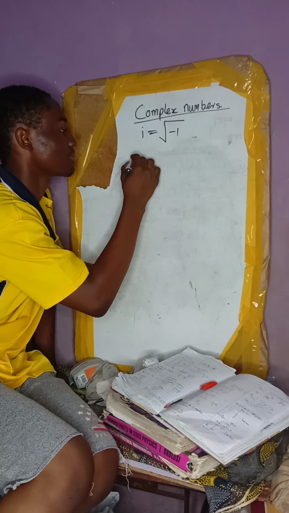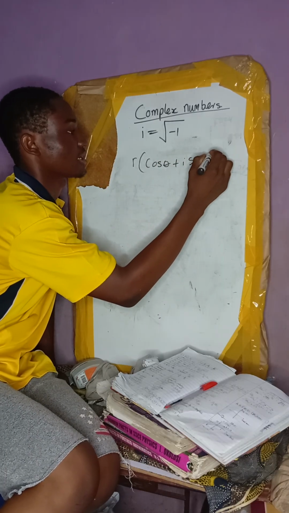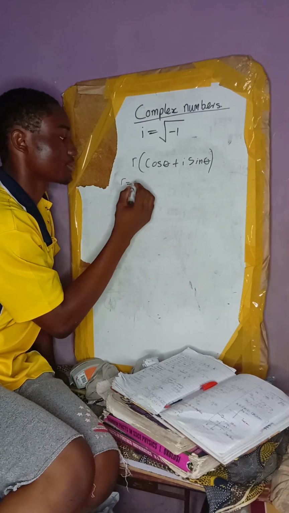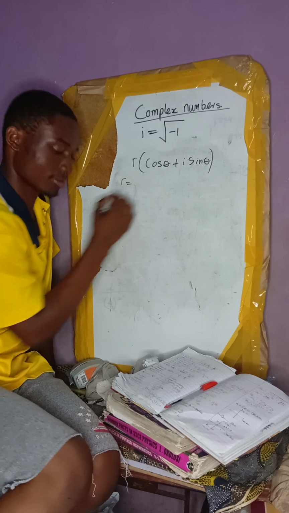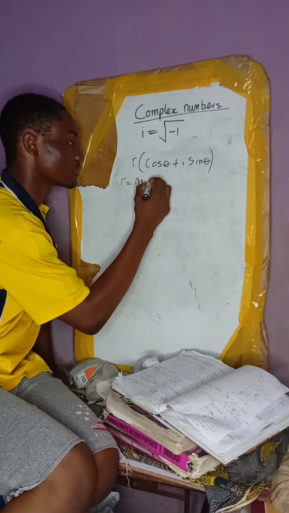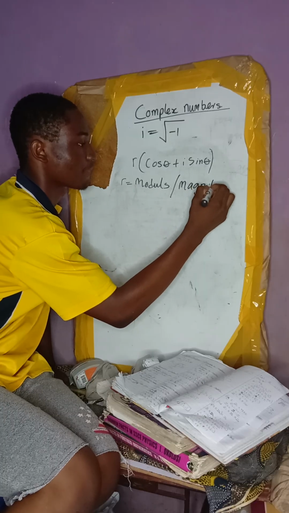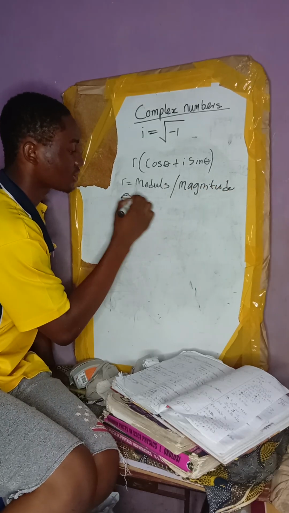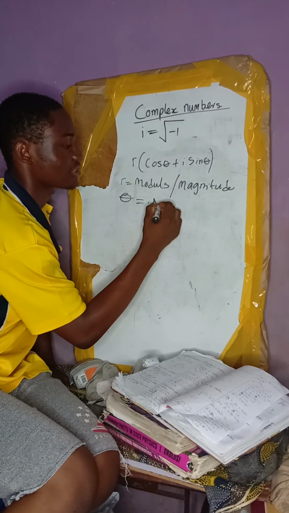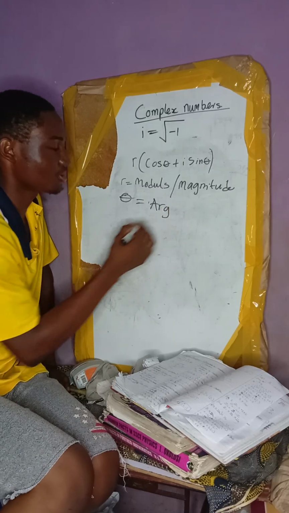When it comes to polar form, cos theta plus i sine theta, we call this r the modulus or magnitude, and we call this theta the argument, like you're arguing with somebody, or amplitude.